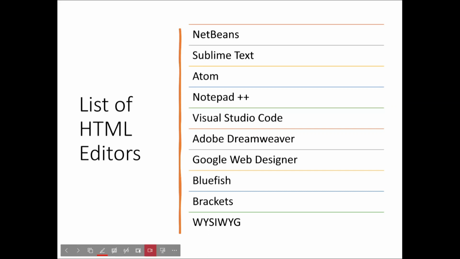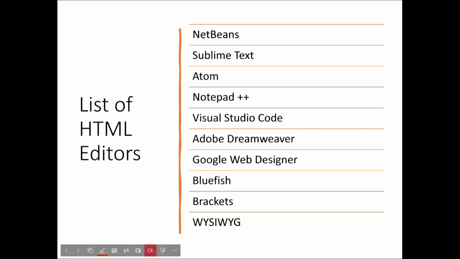But if you are opening a notepad and you are typing the code, and if you want to check how it is working, how your front end designing looks like, then you need to go back to the browser and check the output. But we have the other ways of editors, like what you see is what you get, where you will be typing your code here and parallelly you can see how it will look. On the same place, you can type the code here and you can see the output.